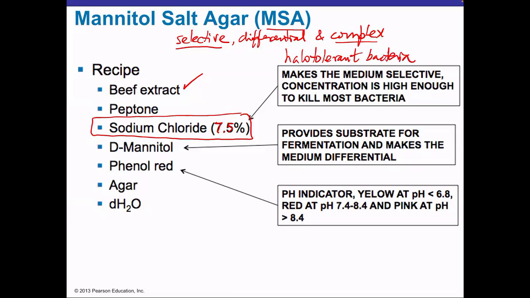Now, the medium also has mannitol, and this ingredient is going to be important in the differential quality of this medium. Mannitol is a sugar, and some of these halotolerant bacteria that will be growing there can use the D-mannitol and ferment it, and as a result of the fermentation, they produce acid.